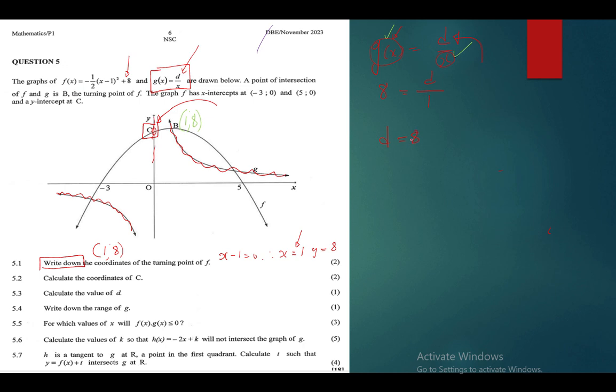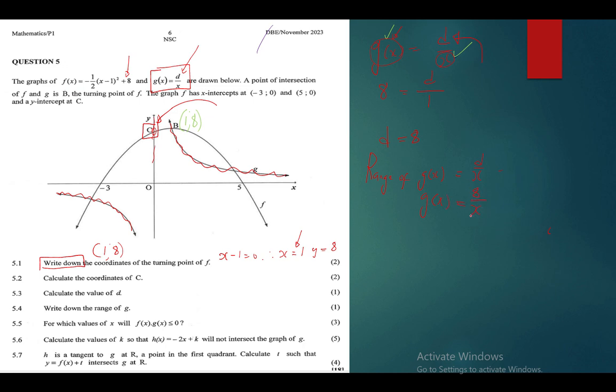Write down the range of g. Okay, the range of g. In this case, we are looking for the range of a hyperbola function. Remember, we found g of x. The question was saying g of x is d over x, but we found that d is 8, so we have 8 over x.